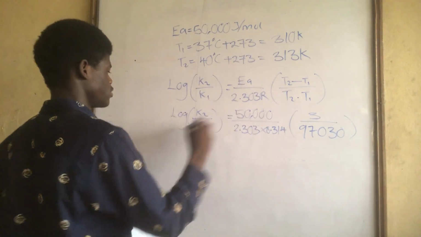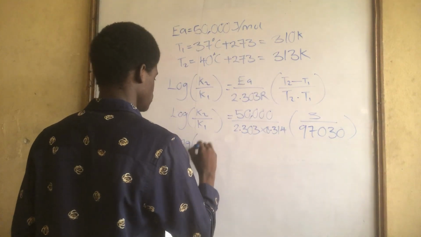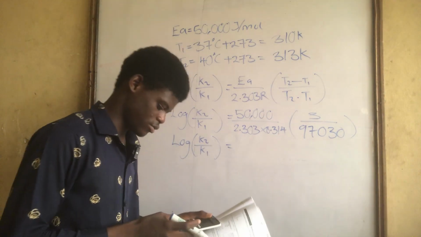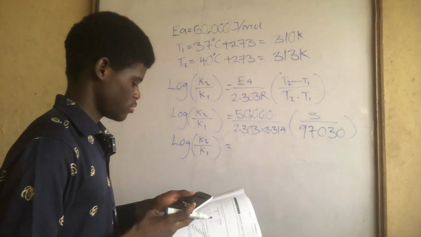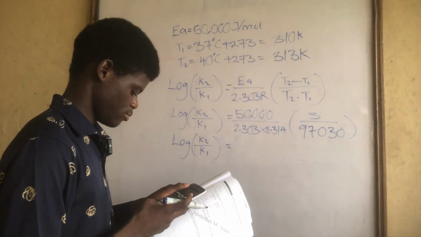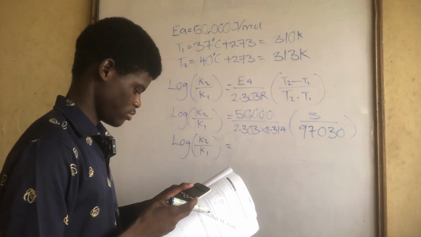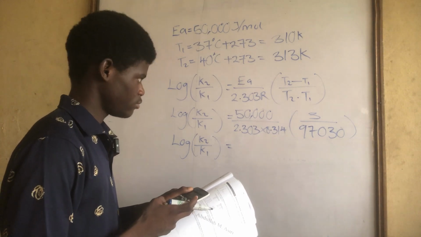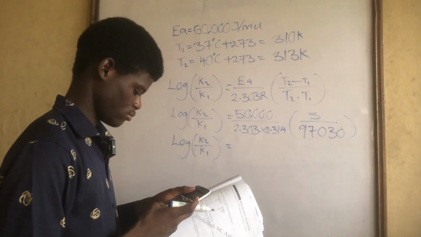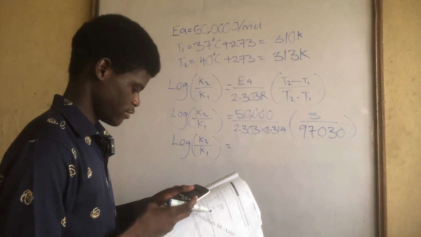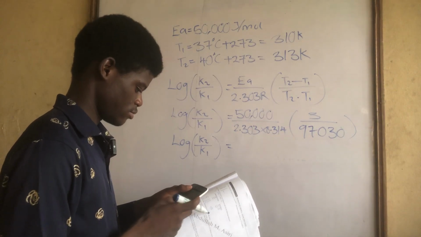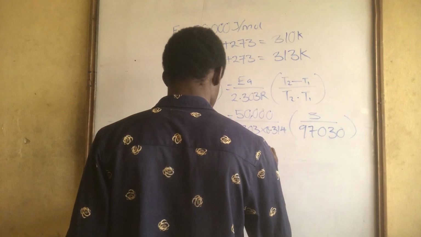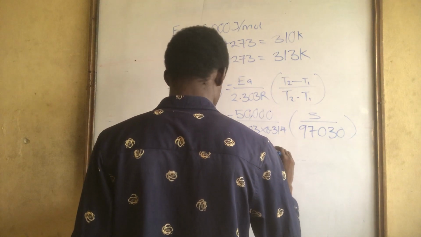So let's solve all this. This is log K2 over K1. All this will give 0.0807.